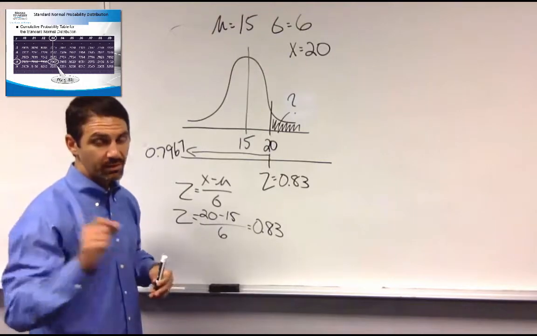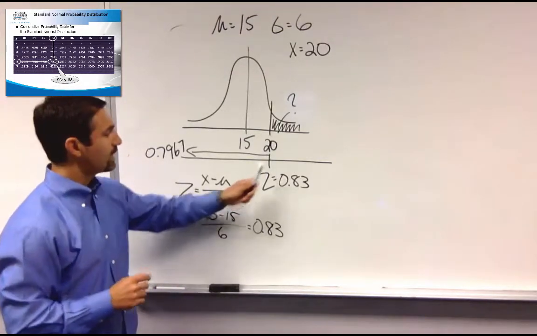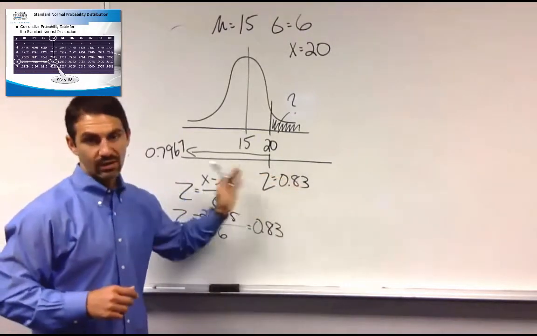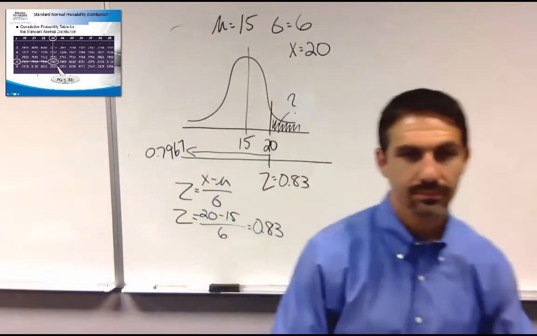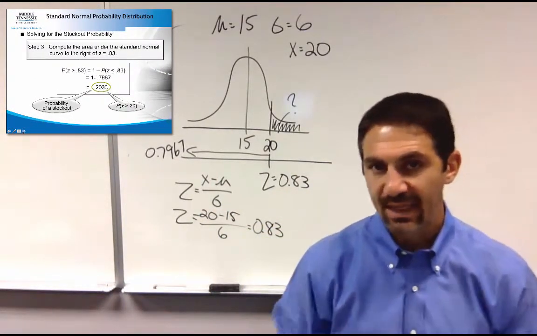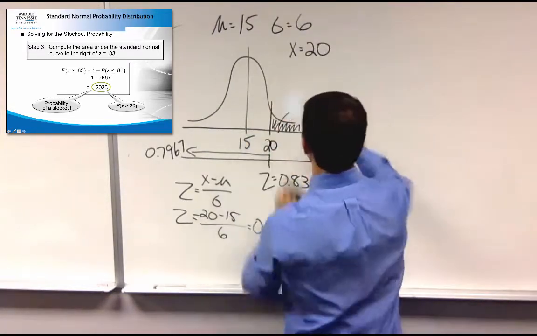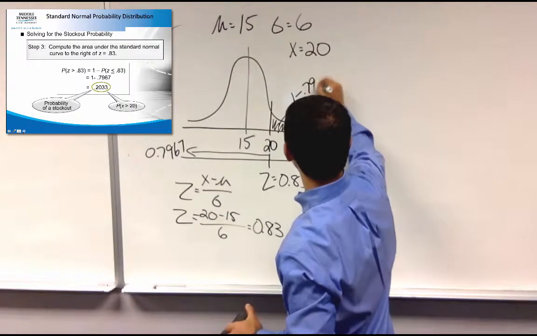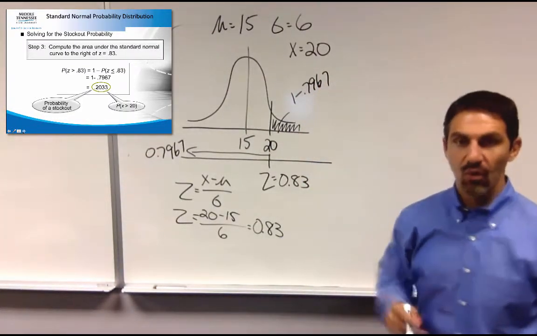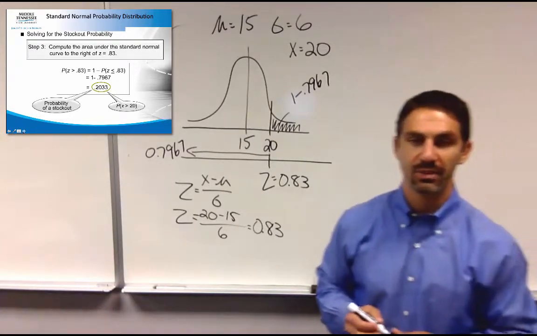Who remembers how to come up with the complement? So we know the probability of being 20 or less. What about 20 or more? Or actually more than 20. We have to take the complement of that, which means this area then is 1 minus 0.7967, or as you see up on the screen there, 20.33%.